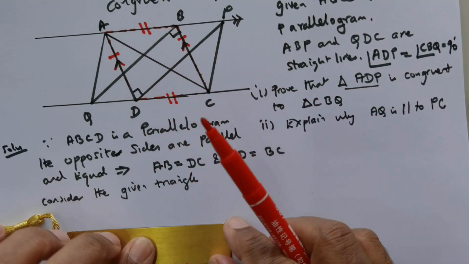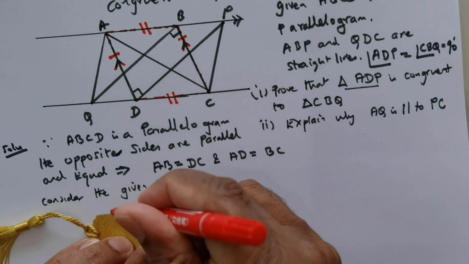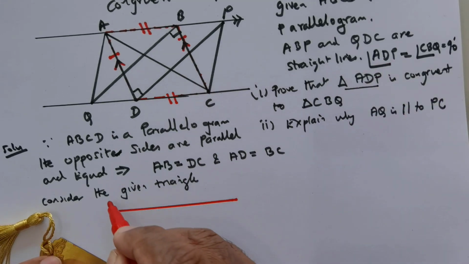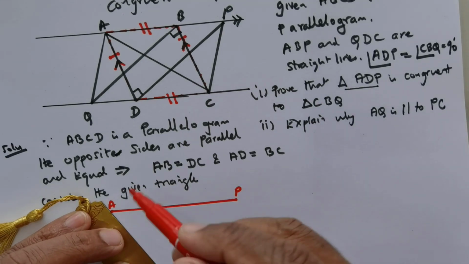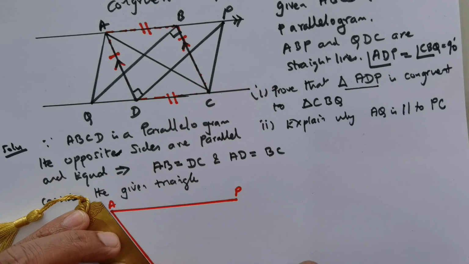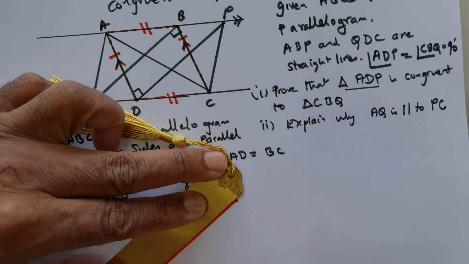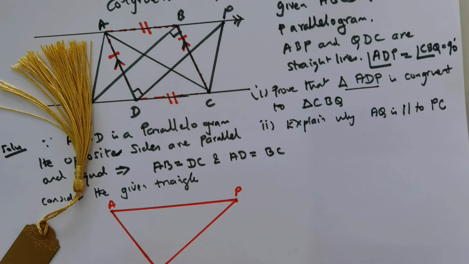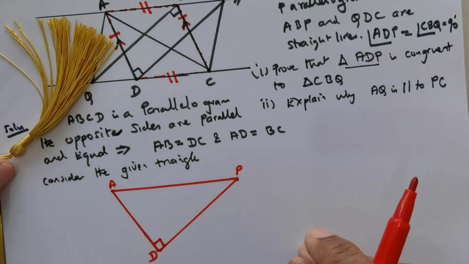Let me draw A and P first, and then D is coming into place now. So this is ADP, this is 90 degrees. I hope you can see that. This is 90 degrees, right?